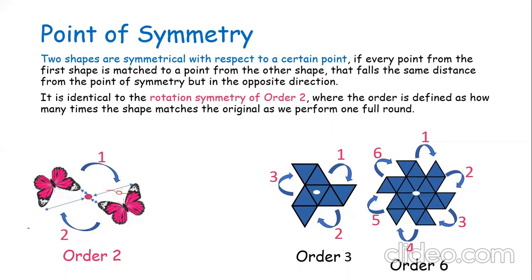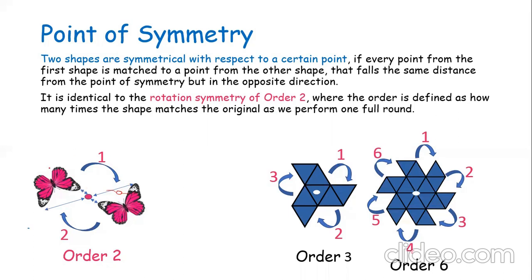Now, it's good to mention that this point symmetry is identical to the rotation symmetry of order 2, where the order is defined as how many times the shape matches the original as we perform one full round. So here, if we imagine we have 2 plastic butterflies connected with a stick to this point, where this point falls in the middle of the stick, and we turn this butterfly 180 degrees around the point.